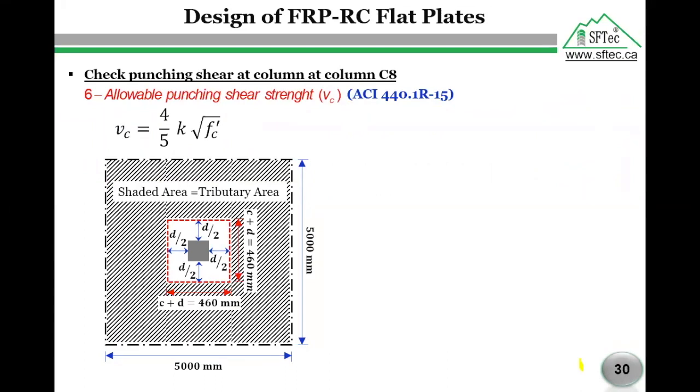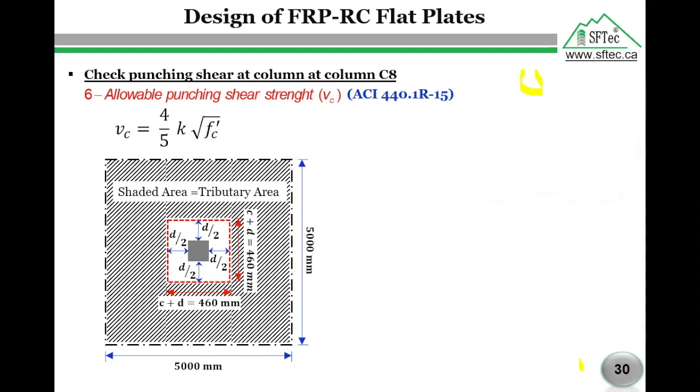In this step, I would like to show how we can use the American guideline ACI 440 for calculating the allowable punching shear stresses. It is worth mentioning that the ACI 440 2015 uses the same concept as in the Canadian standard S806 in calculating the ultimate factored shear stress.